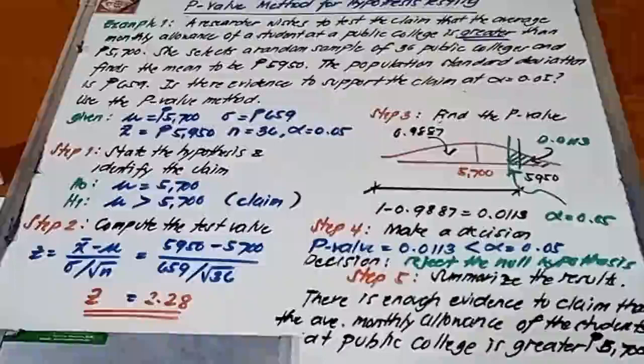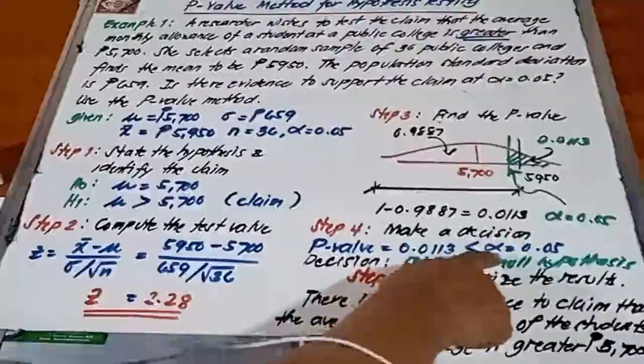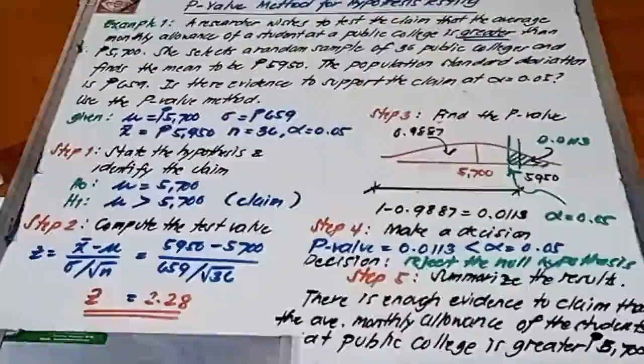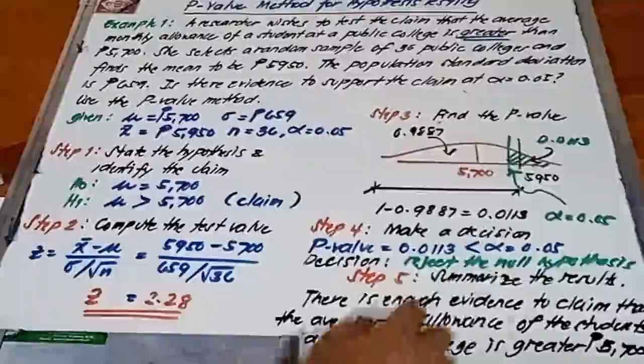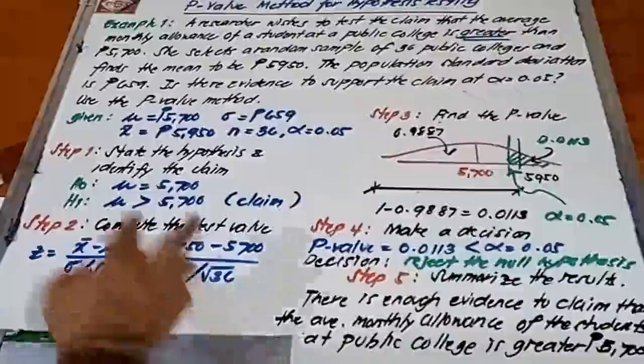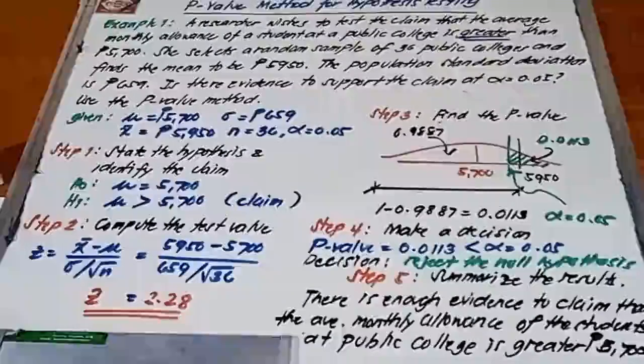Okay, so check natin ulit ha. For step number 4, mapapansin ninyo, yung ating p-value is less than the alpha value, which is 0.05. So, ibig sabihin lang nun, nasa rejection region yung ating 5,950 pesos na sample mean from our normal curve. Since siya ay nasa rejection region, we reject the null hypothesis.